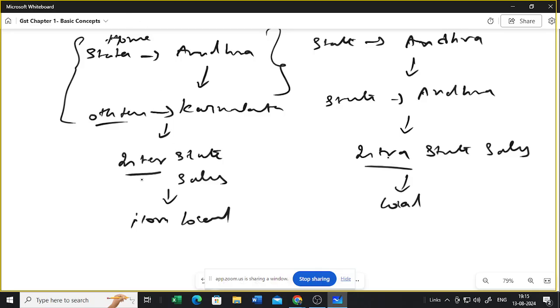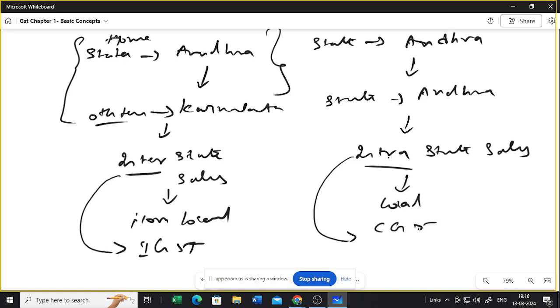When there is interstate sales or interstate purchases, in your bill you will have IGST, Integrated Goods and Service Tax. When you have sales within the state, these sales we can call intrastate sale or local sale. So in the bill what we can have is CGST and SGST.